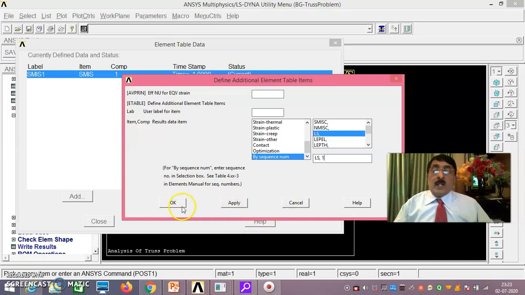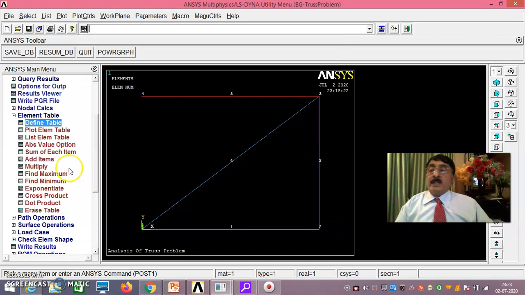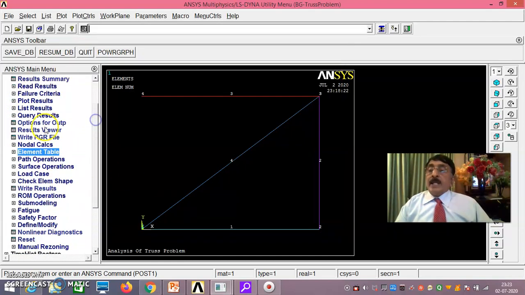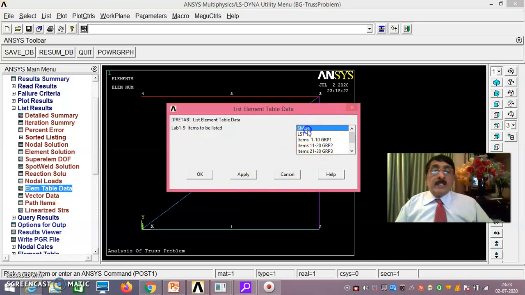In that way, SMISC 1 will give member forces, LS1 will give member stresses. You just say close. Now you go to list results, element table data. The important thing, SMISC 1 and LS1 we have defined already.